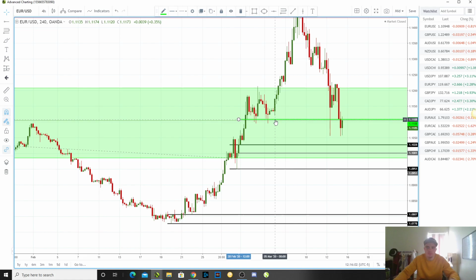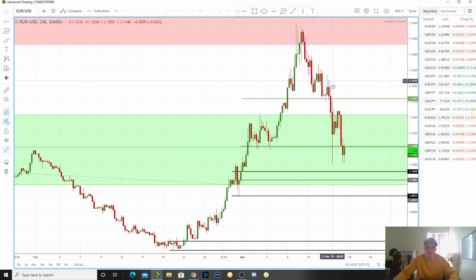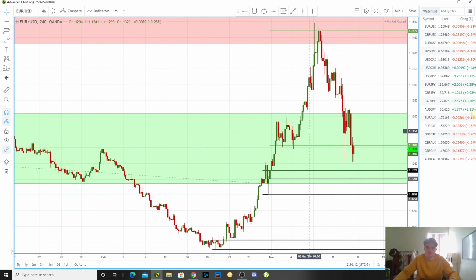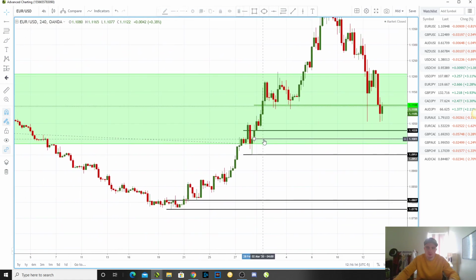Actually, I think what would be best is if I made these curve trades have this darker green color. So there we go. Looks like we have a curve long right away.